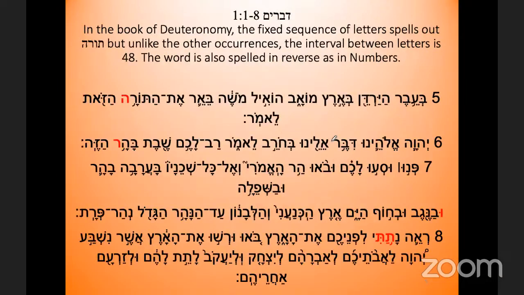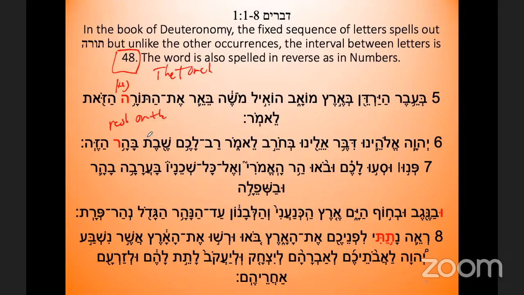And in the book of Devarim or Deuteronomy, this fixed sequence is spelled out again backwards, but the interval between letters is only 48. The word is also spelled in reverse. And we begin with the word Torah, HaTorah, the Torah. And we have a Hey, and then 49, and we have Bahar, we have a Resh, on the mountain, Bahar.